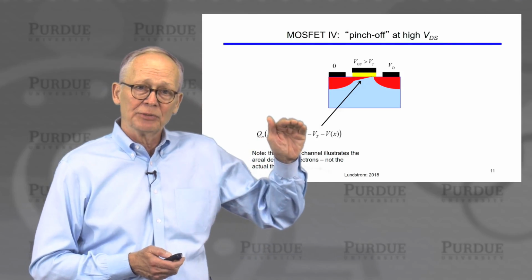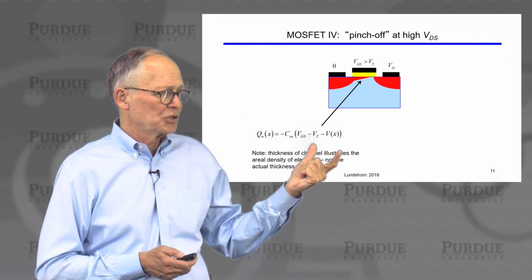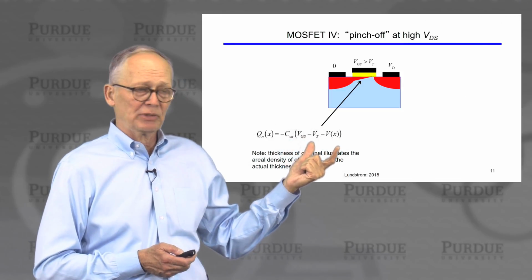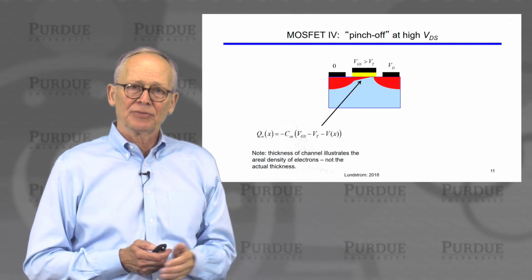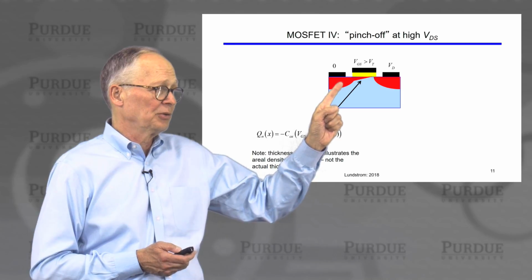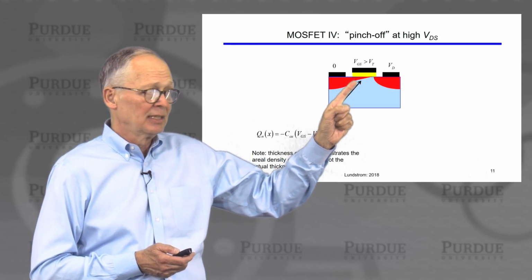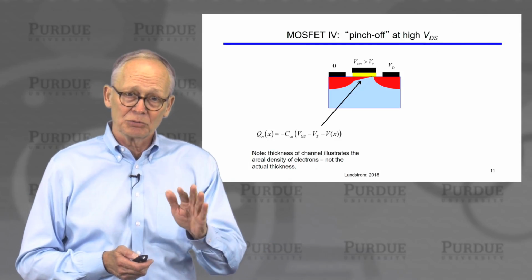That means that we're going to induce less and less charge. We have to modify our charge versus voltage relation to account for the fact that we have different amounts of charge at different points in the channel because we have a different voltage. The voltage is 0 at the virtual source at the beginning, but it gets bigger and bigger, so the charge gets smaller and smaller as we go towards the drain.